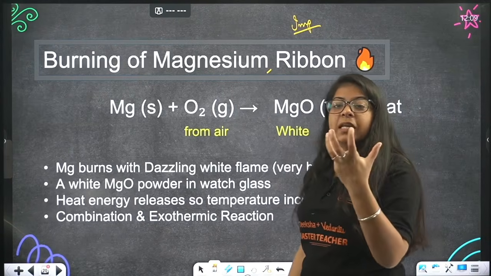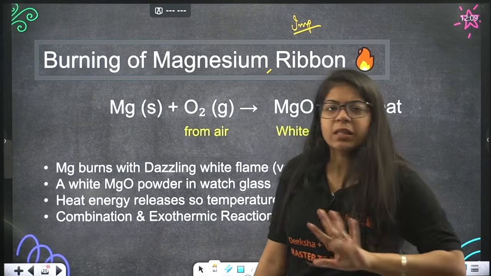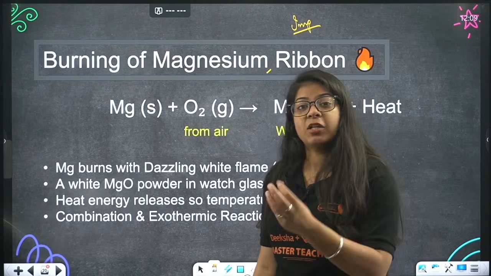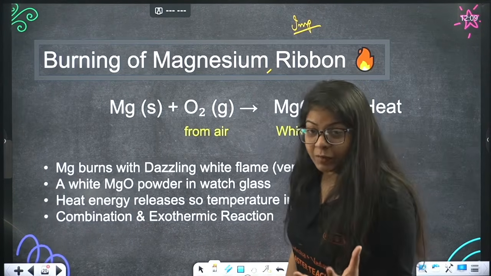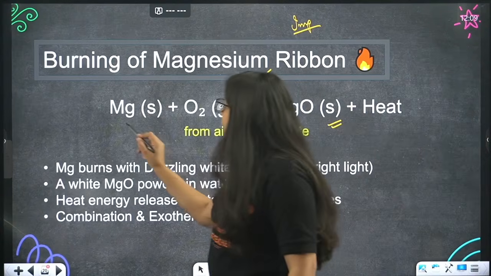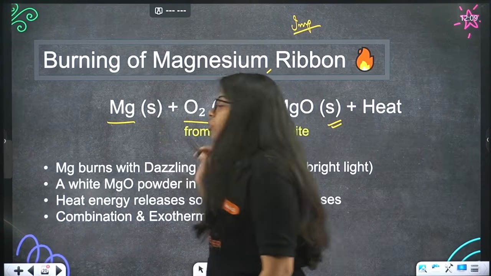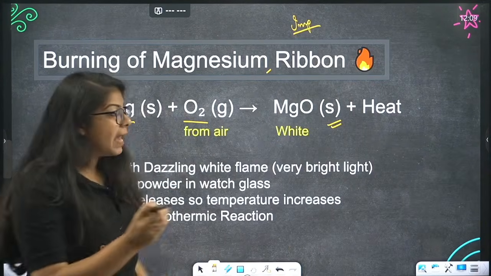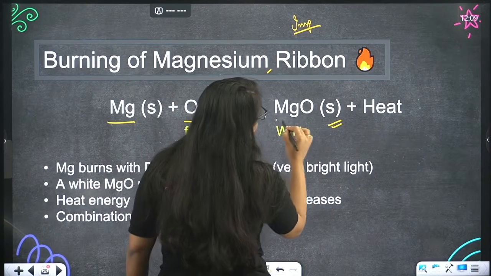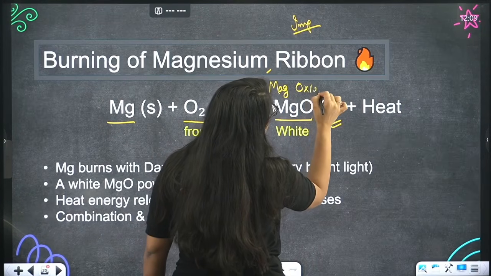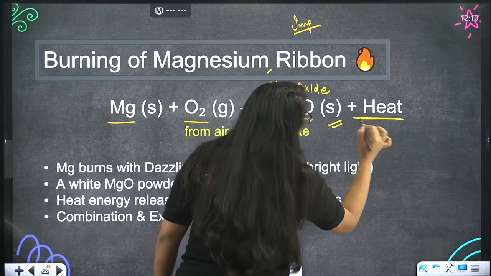And we place it in air. Just air, nothing else. We didn't give it heat, we didn't give it anything else. If you just place magnesium in the air, what will happen? It will become MgO. So what is happening? Mg plus oxygen from air are combining together to form MgO, magnesium oxide, plus some heat energy.